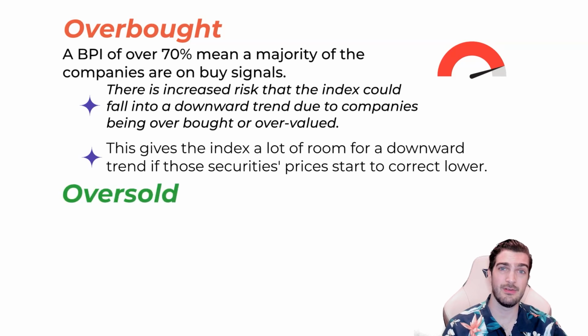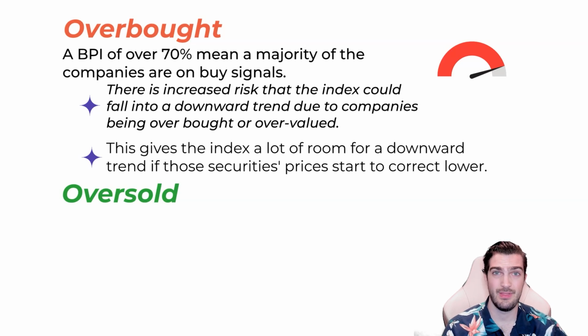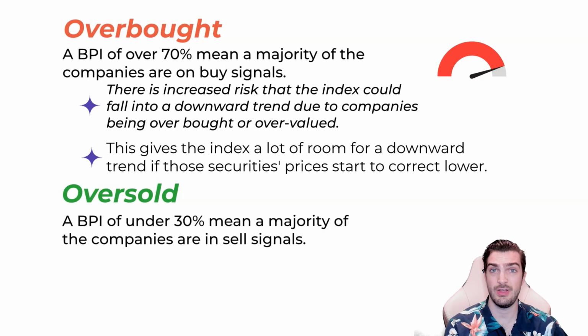However, on the other side of things, in the oversold territory, which is that green 0 to 30% range, we have the opposite. There, we have securities that are mostly oversold, where the majority of these securities are currently on point and figure sell signals.